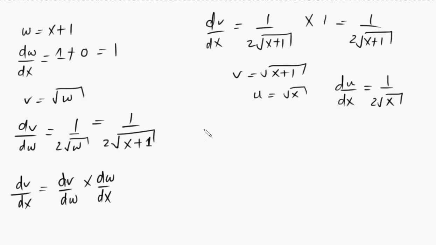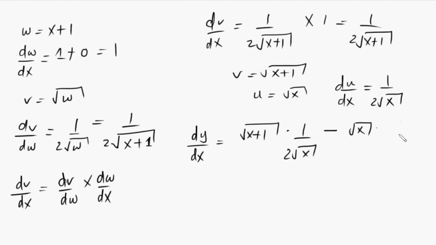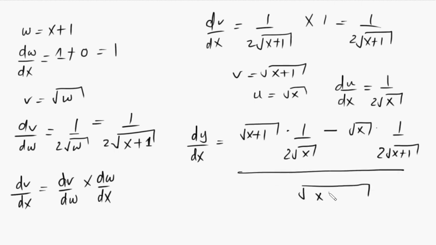So now I can find the derivative of y with respect to x by using the quotient rule. It says v, the square root of x plus 1, times du/dx, which is 1 over 2 times the square root of x, minus u, the square root of x, times dv/dx, which is 1 over 2 times the square root of x plus 1, over v squared.